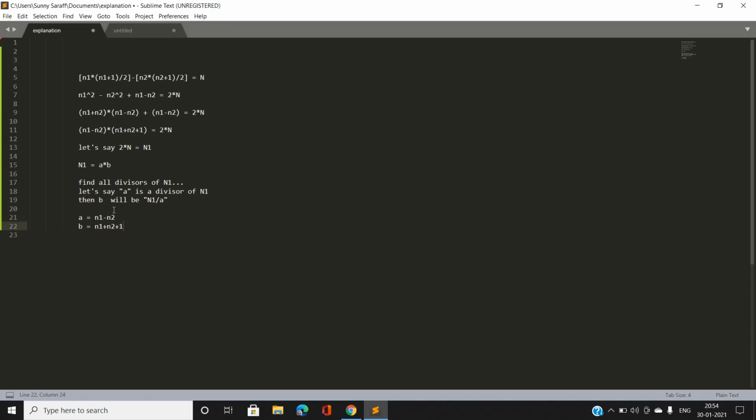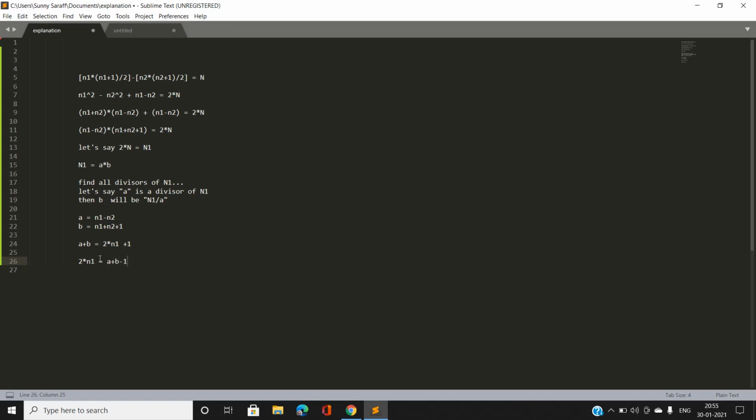So when you add A plus B, you are going to obtain 2 into N1 plus 1. So one thing you are going to notice is that 2 into N1 must always be even. So when we take common, 2 into N1 must be equal to A plus B minus 1.